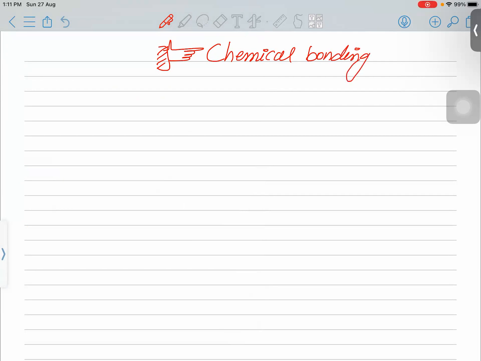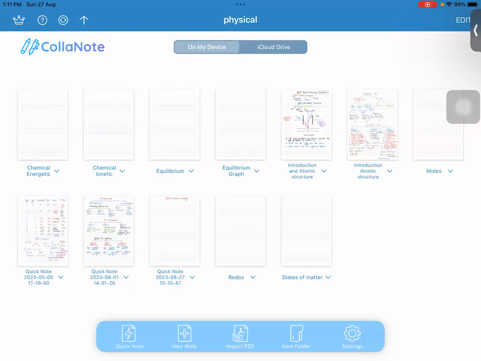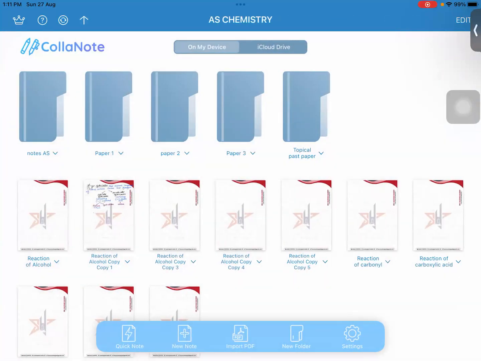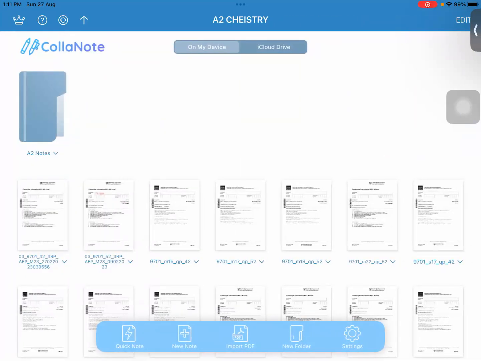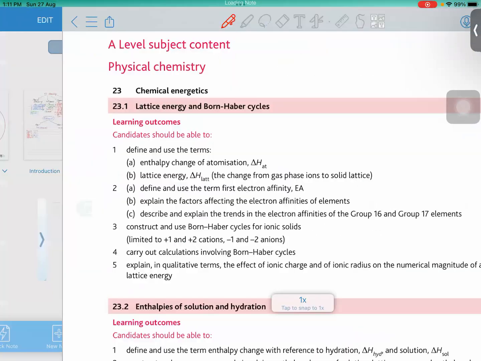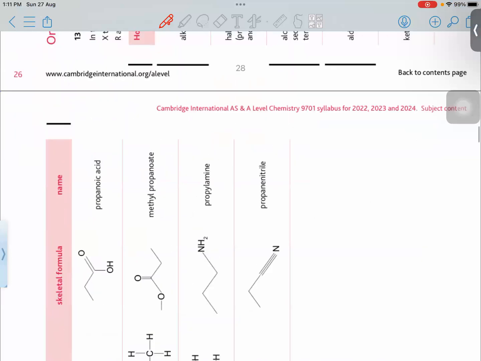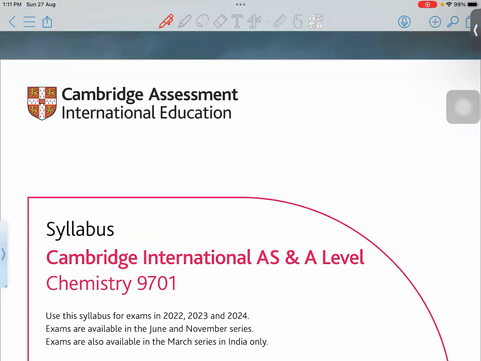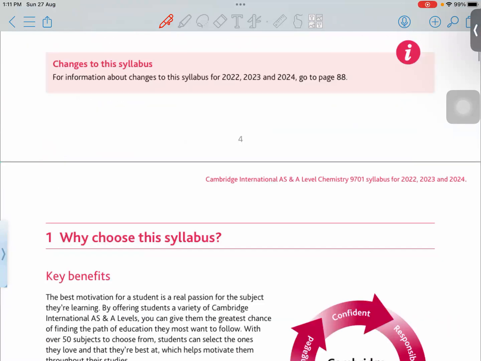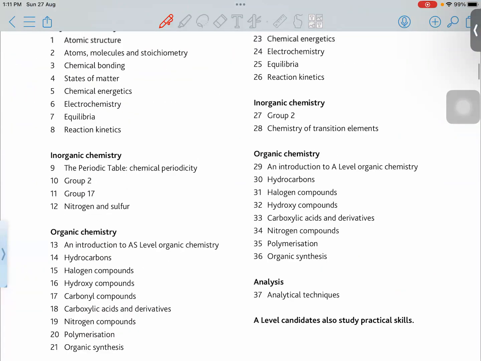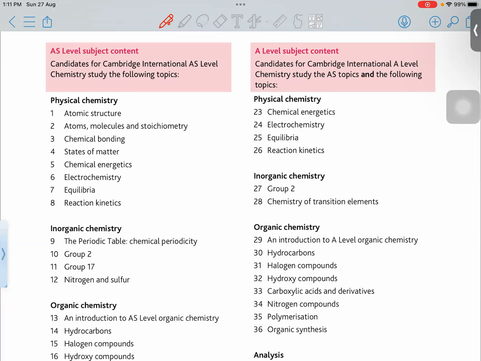Now first look at the syllabus. Chapter number 2, chemical bonding. In physical chemistry we have 8 chapters.